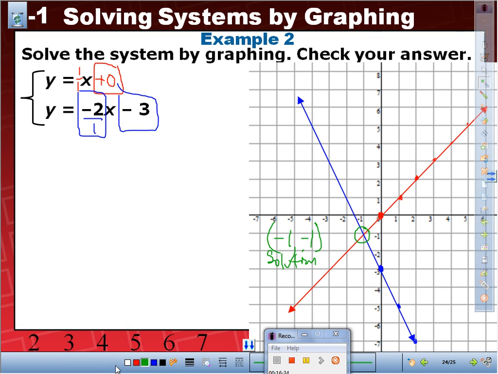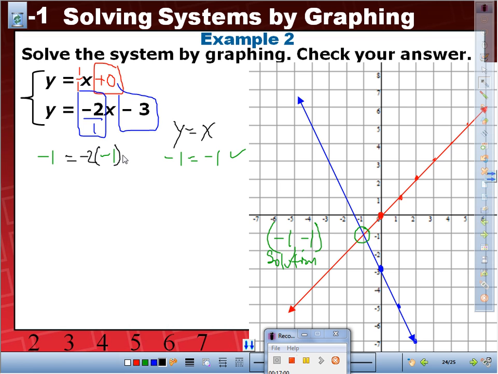And step 4, we need to check it. So let me rewrite the first equation. Y equals x. So what is my value? -1, -1. Is -1 equal to -1? Yes. Okay. I'm going to rewrite my second equation, but instead of x is -1, instead of y is -1, I bring everything else down.